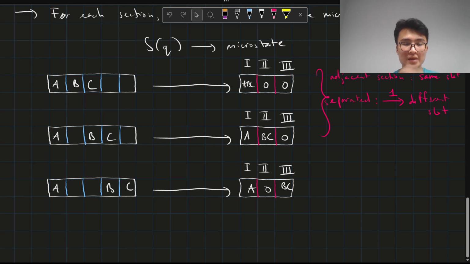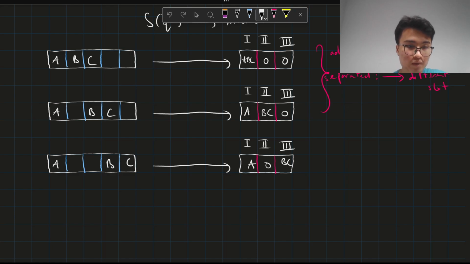Because why? There are 2 separated slots in between A and BC. So the difference must be 2, which means that slot number 2 must have no one in it.